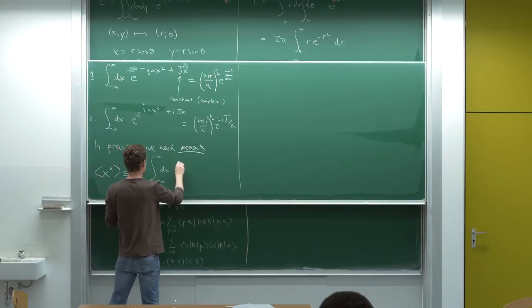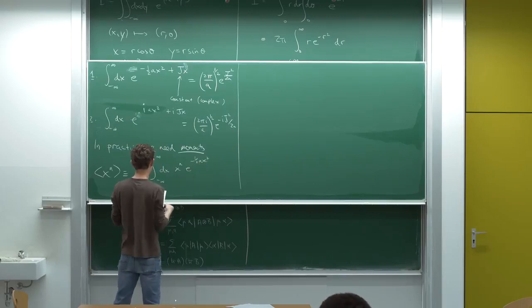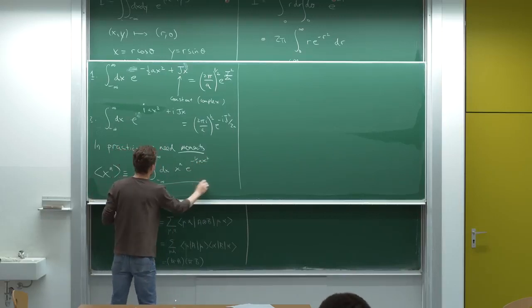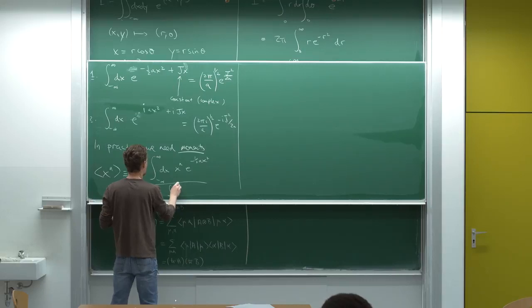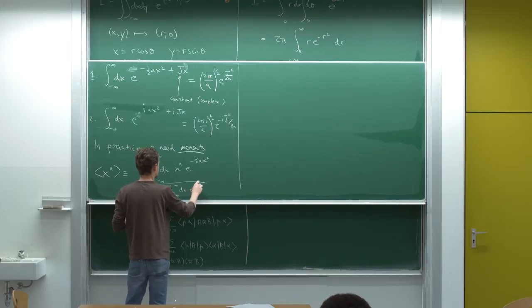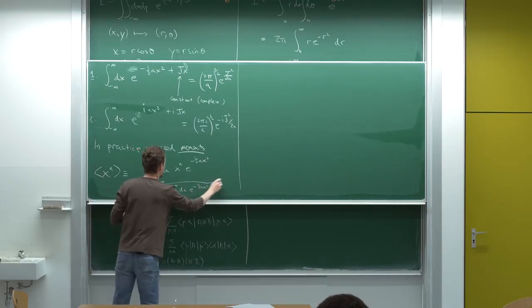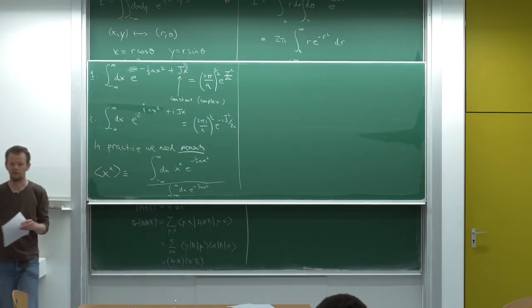dx, x to the n, e to the minus half a x squared, all divided by the area under the curve.